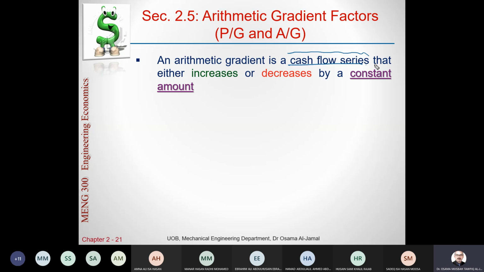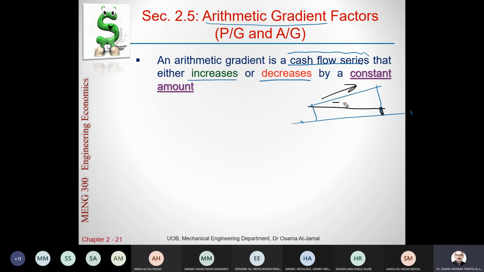But here, with the arithmetic gradient, it's either increasing or decreasing. So it can go up over that cash flow, or it can go down.